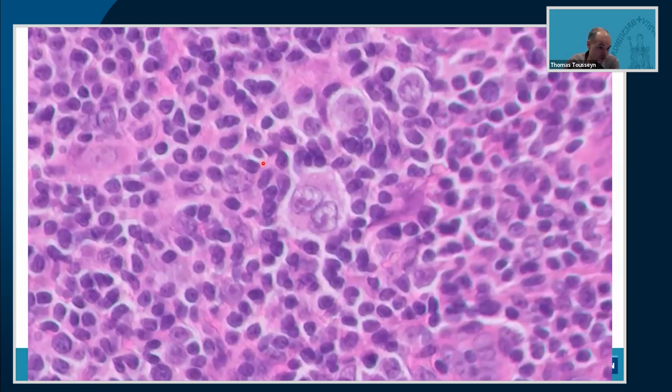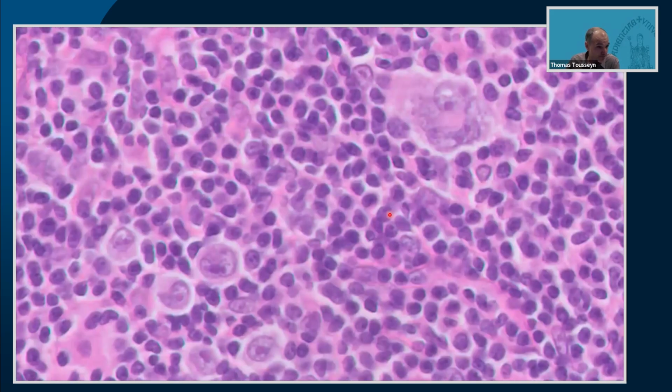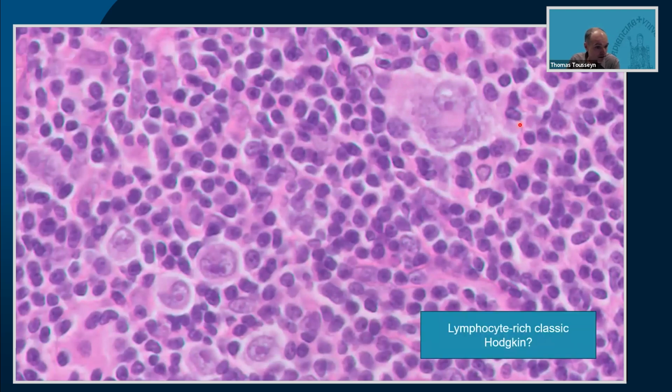Here you see a typical HRS cell, the Hodgkin-Reed-Sternberg cell. Here are some other examples, very large atypical cells surrounded by small lymphocytes that are not atypical. And this case was submitted with the question of lymphocyte rich classic Hodgkin lymphoma.